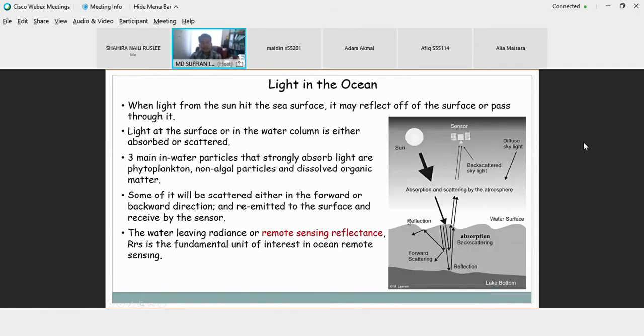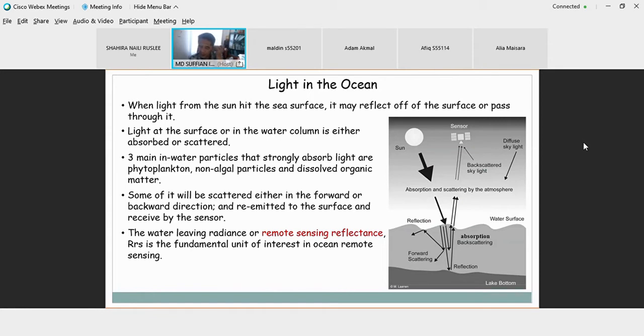Light in the ocean. When light from the sun hits the surface, it may reflect off the surface, pass through it, or be absorbed by the water itself or particles in the water column. That's the basic concept.